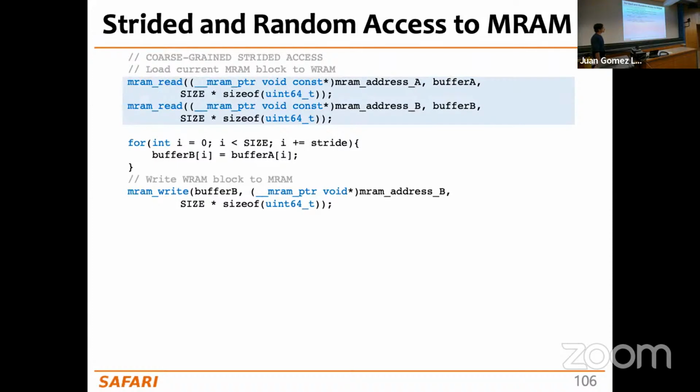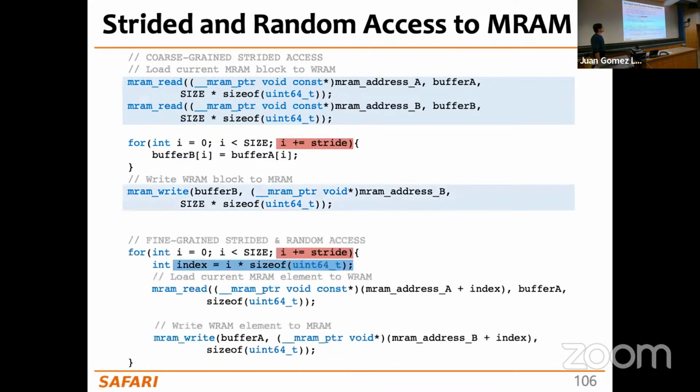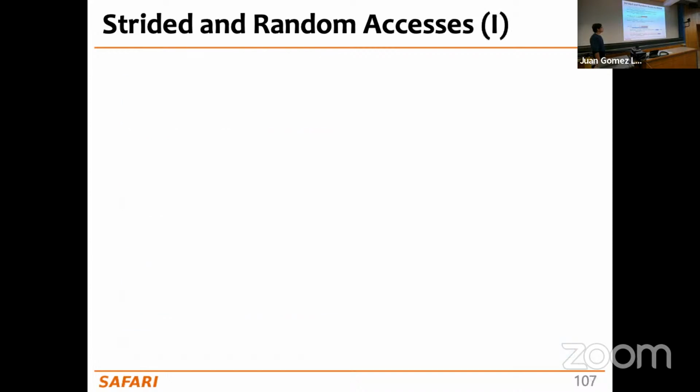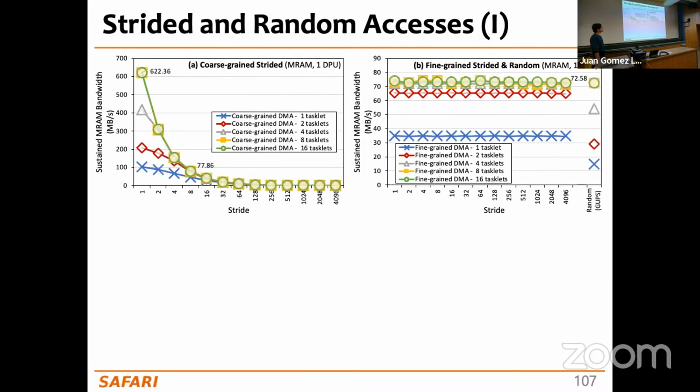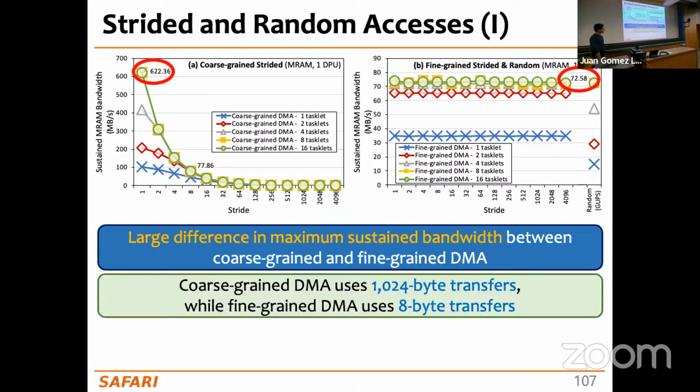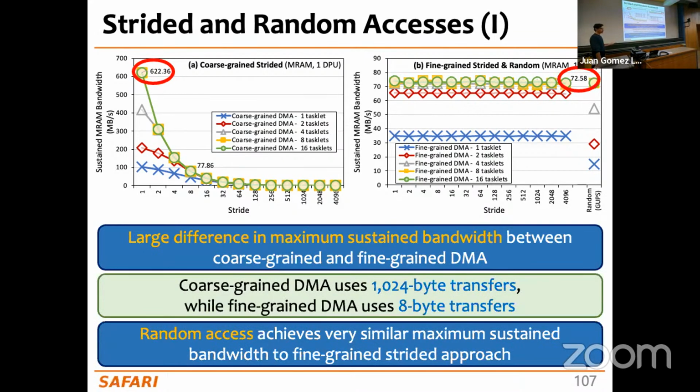But you have here the microbenchmarks that we use for random and strided accesses, and the bandwidth that we measured for different strides, and also for the random access, and there are many different observations as well.